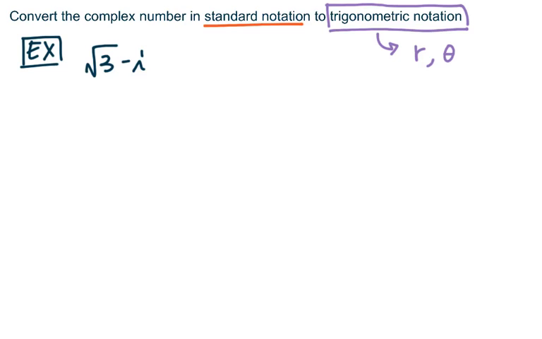And let's think about what we defined in the last video. We said we're going to know that r is the square root of a squared plus b squared, and that a equals r cosine theta, and b equals r sine theta.